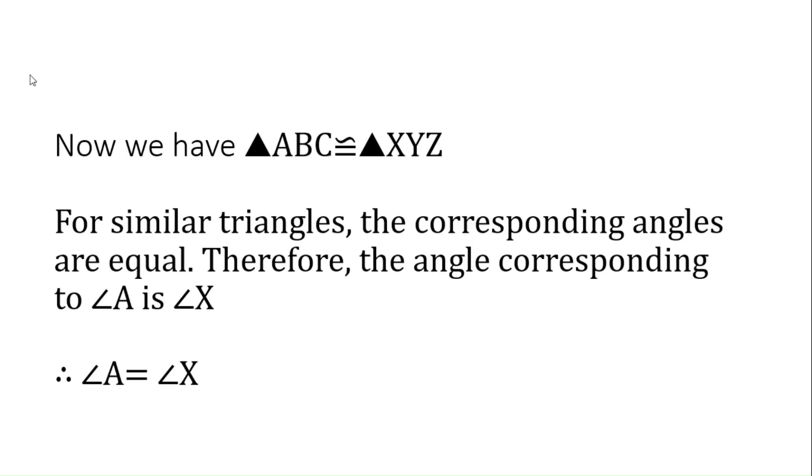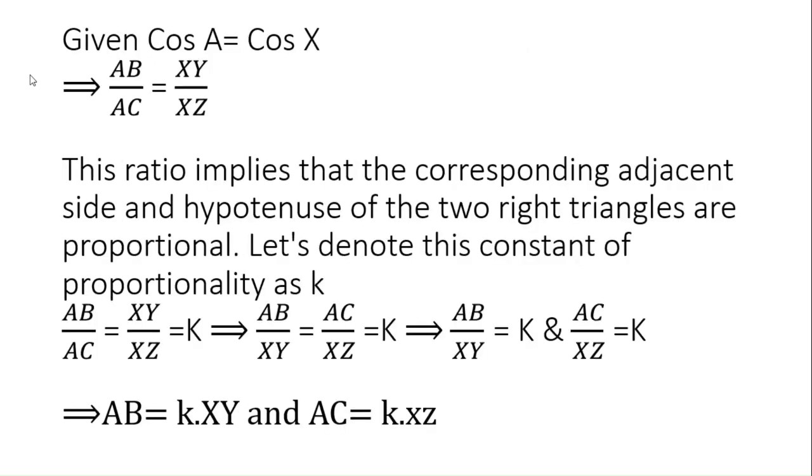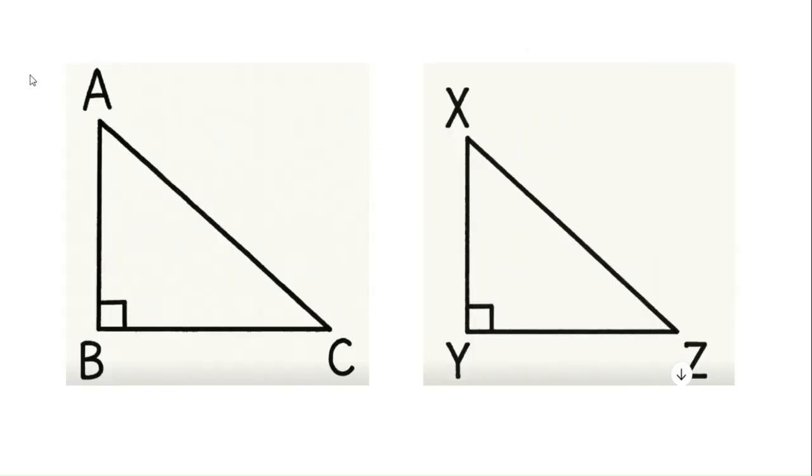The corresponding angles of those two triangles are also equal. Let us take those two triangles once again, triangle ABC and triangle XYZ. We have proved that triangle ABC is similar to triangle XYZ. Yes or no? So, as both are similar, we can say that the corresponding angles are equal.